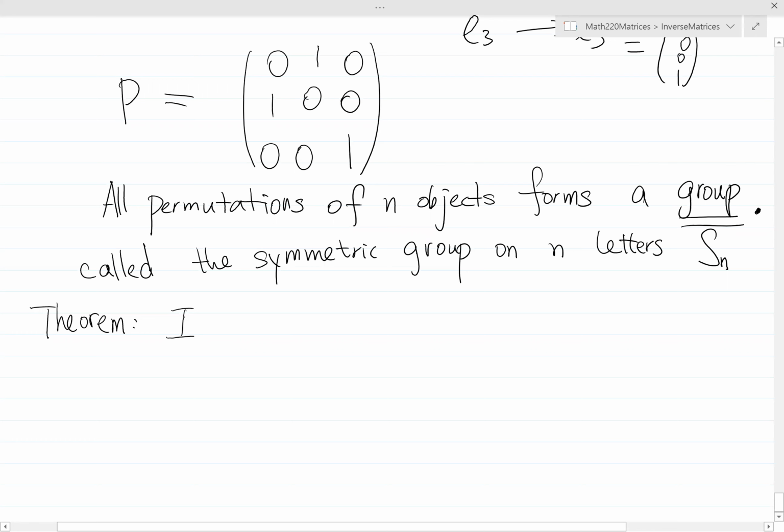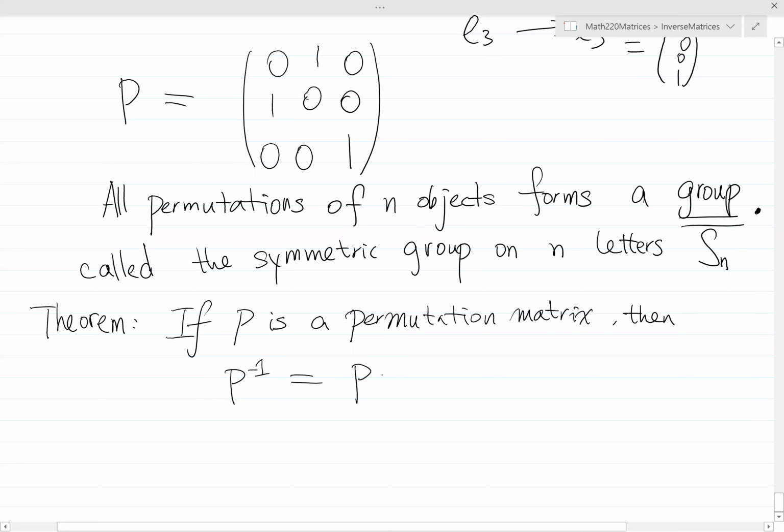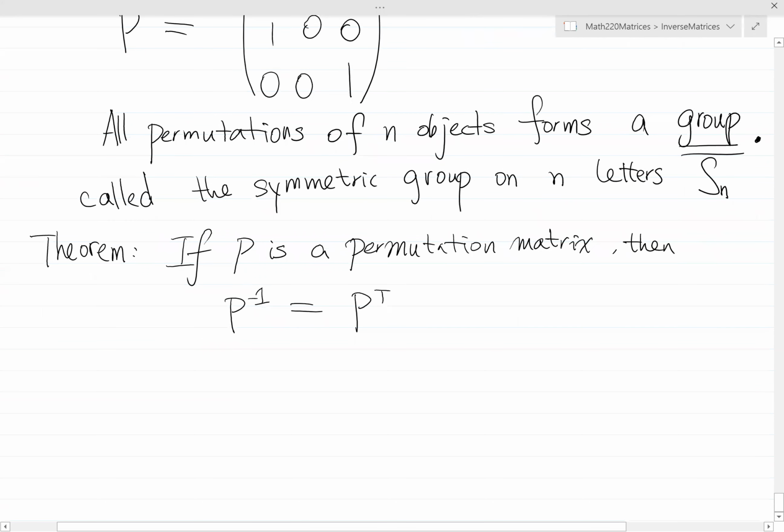Don't confuse them. If P is a permutation matrix, then P inverse equals P transpose. Transpose means we switch the rows with columns. Okay, proof.